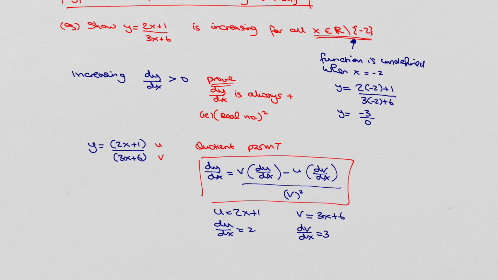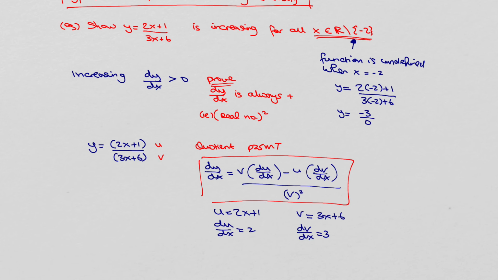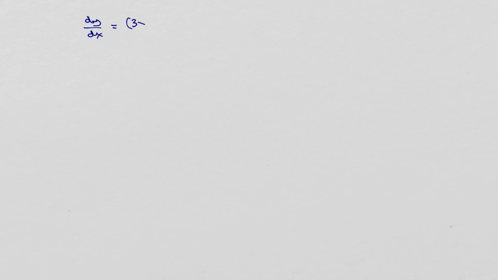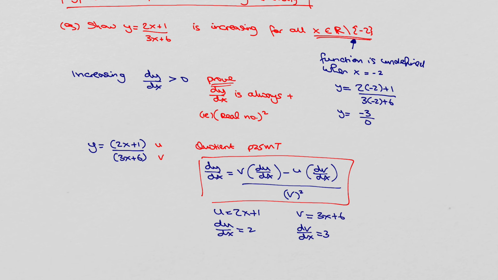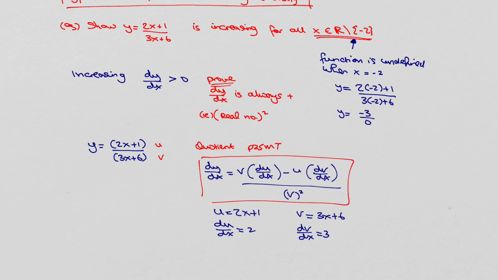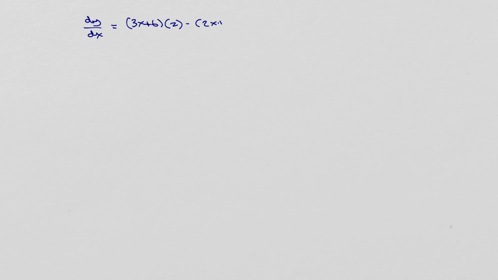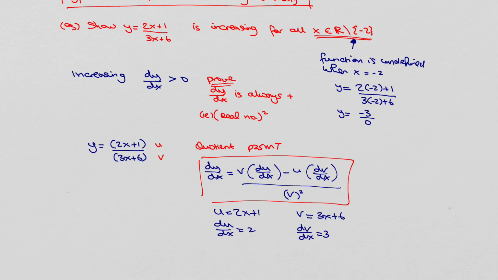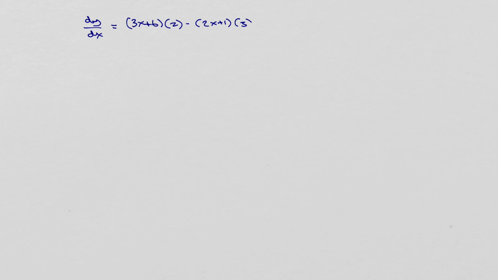So all I need to do now is sub that into my formula. So we have dy/dx is equal to v, which is 3x plus 6, times du/dx, which is 2, minus u, which is 2x plus 1, times dv/dx, which is 3, and that's all over v squared.